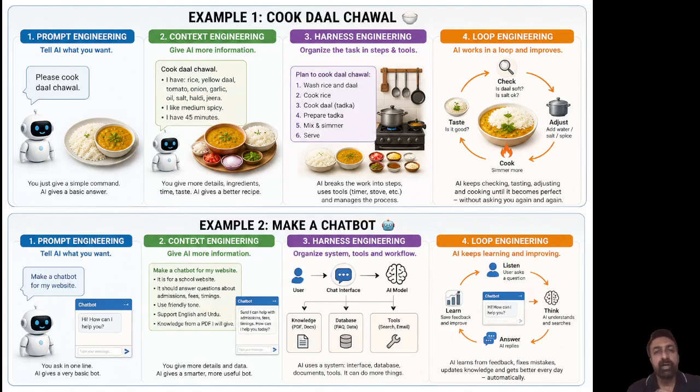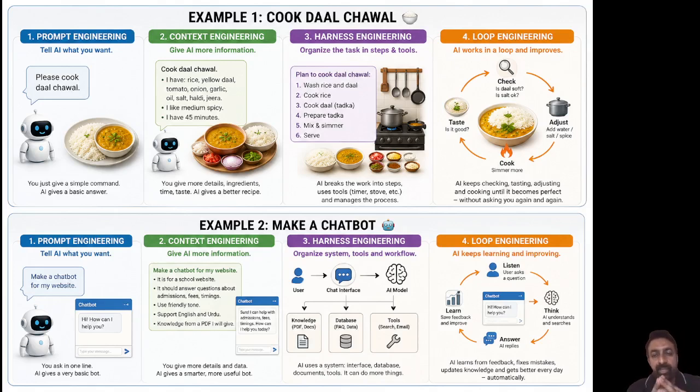For example, we are cooking dal now under harness engineering. All of a sudden, we are out of gas. The gas stops. With harness engineering, it wouldn't know what to do. But with loop engineering, since it keeps on checking, it is going to keep on checking whether we still have the warm flame coming up from the gas stove, or has it stopped.